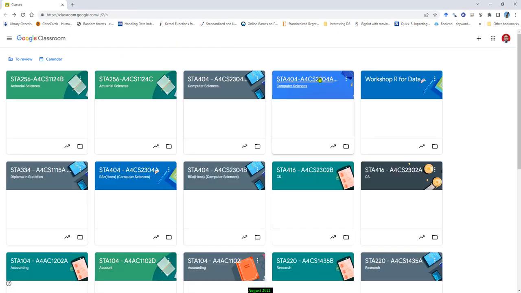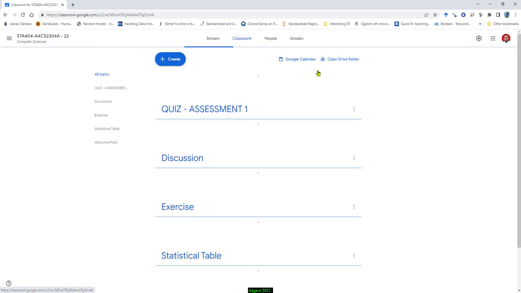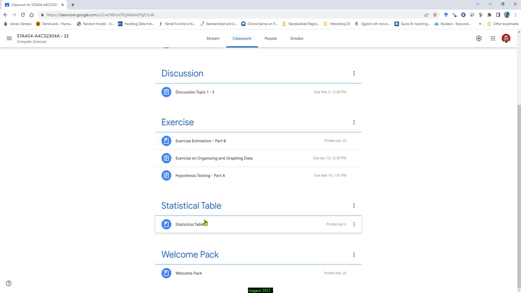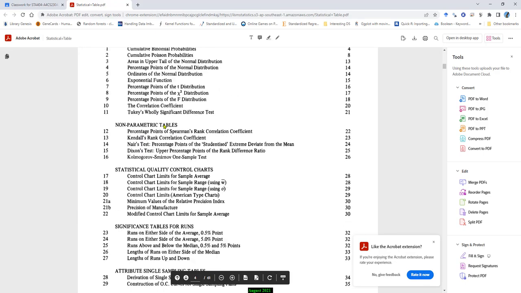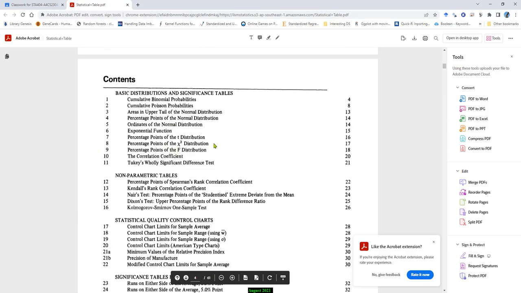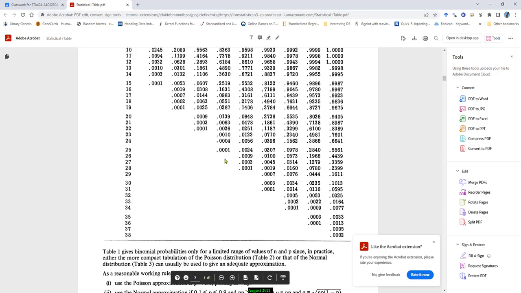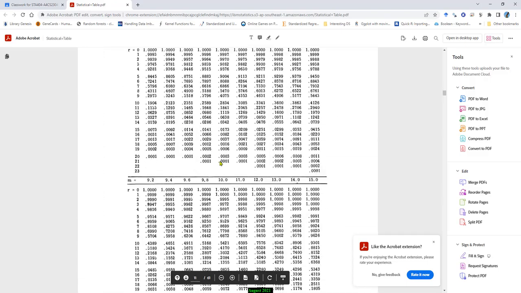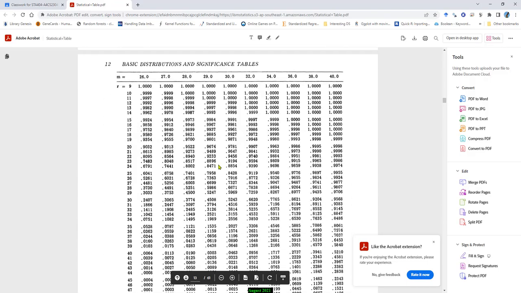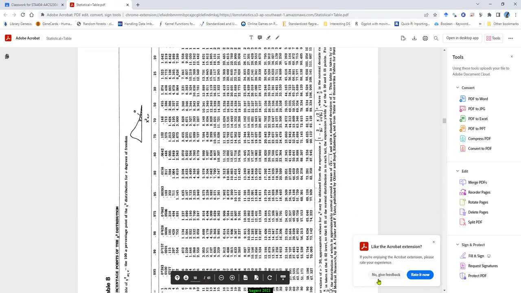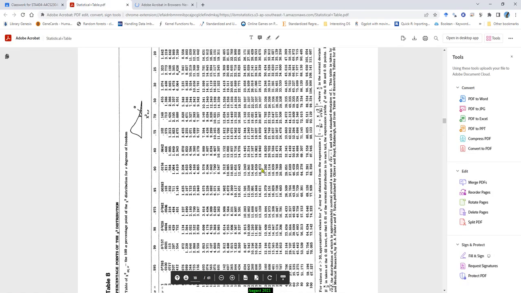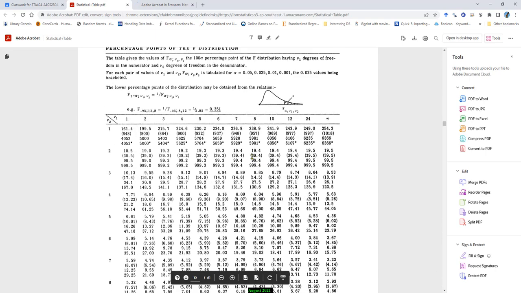This is group A, right? So statistical table, F distribution, table number 9, page 18.